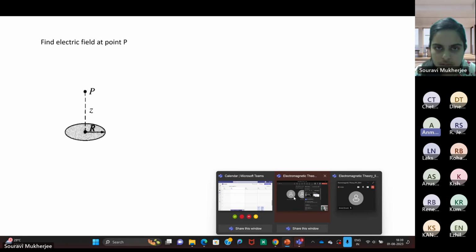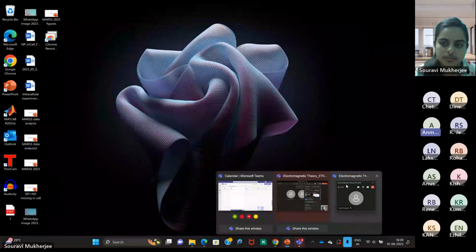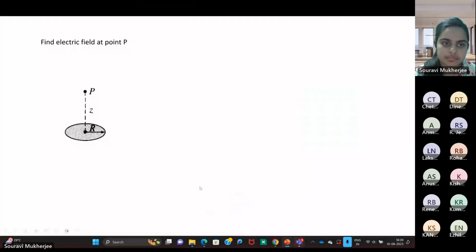Ma'am, this time we might make use of area of that circle. Like we will take a small element of area A and we'll check how much field is acting on point P, and then we'll integrate over the whole area.